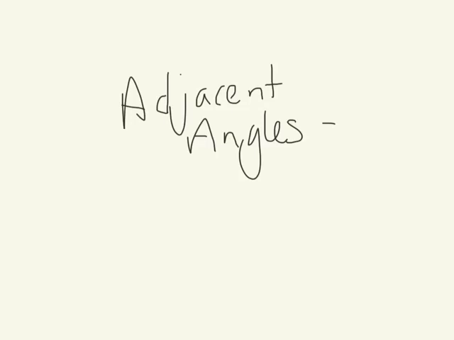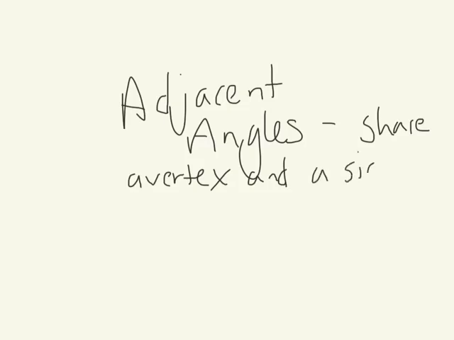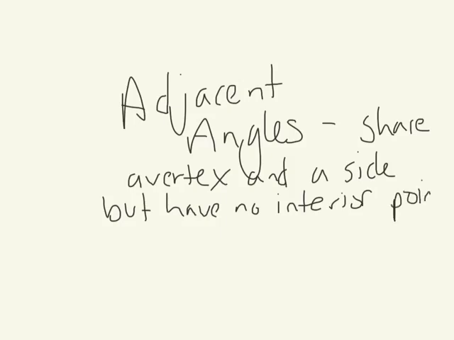So adjacent angles share a vertex and a side, but have no interior points in common. Let's take a look at what I mean by that.